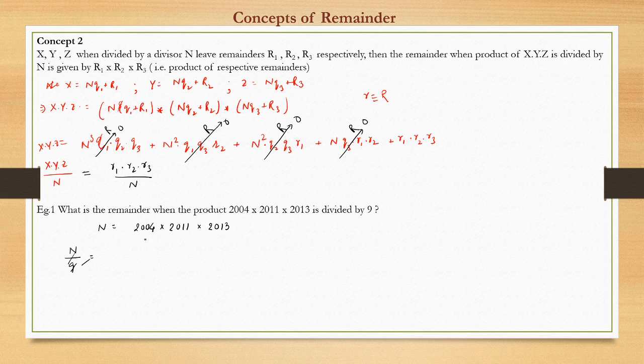Basically, instead of multiplying the whole number, we can find the remainder of 2004 by 9. That is nothing but the digit sum, 6. We know the remainder of any number when divided by 9 will be the sum of the digits. Similarly, the remainder of 2011 by 9 is the digit sum 2 plus 1 plus 1, that is 4.